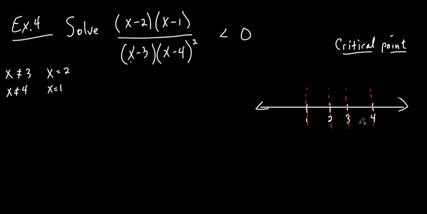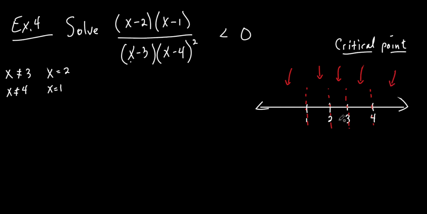So what I did, I found those critical points, and now I want to pick a point, an easy point, okay? Anywhere inside of here. And then I want to pick a point in between 1 and 2. Then I want to pick a point in between 2 and 3, between 3 and 4, and then anything that's bigger than 4.